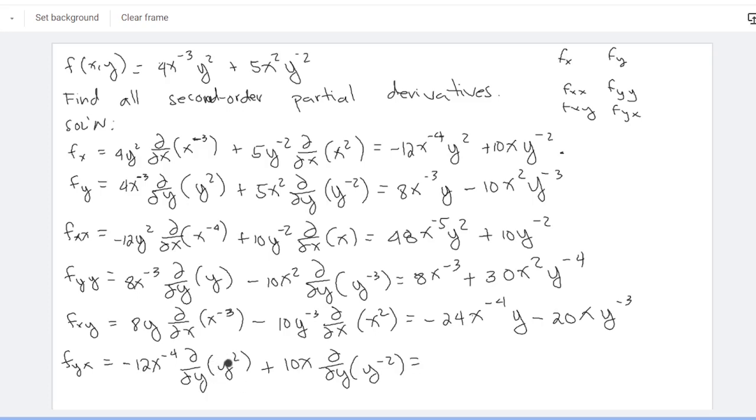So this becomes 2y, so minus 24x to the negative 4 y. And then this is negative 2, so minus 20, x, and then minus 1, so negative 3.